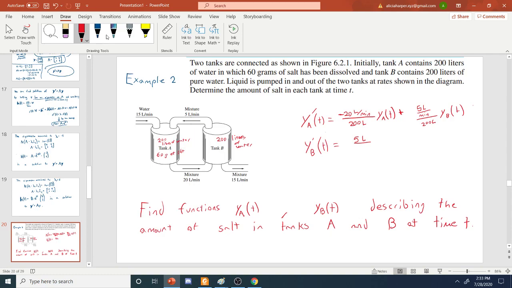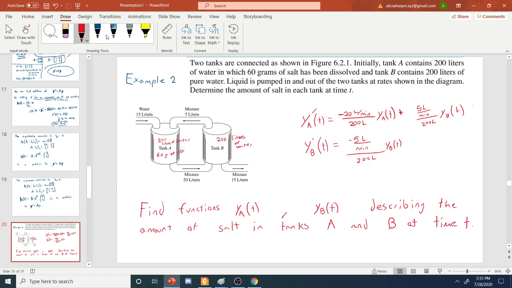So minus 0.5 liters per minute divided by 200 liters times YB of t.